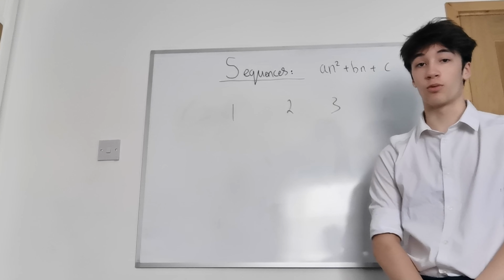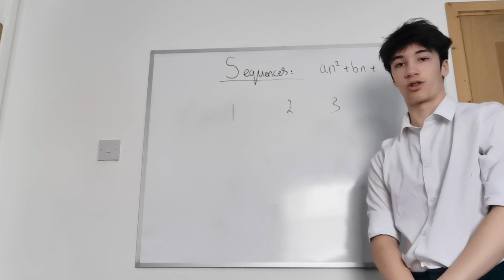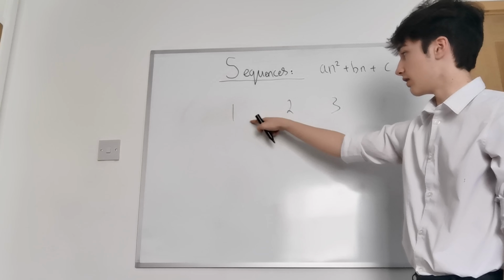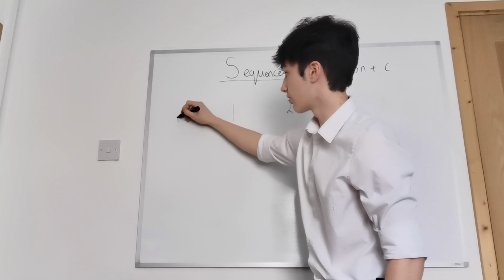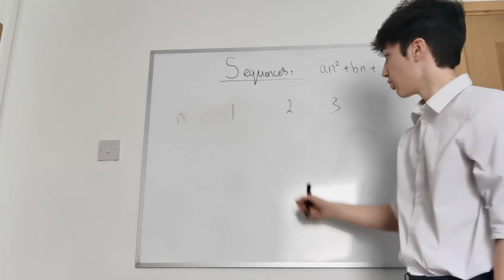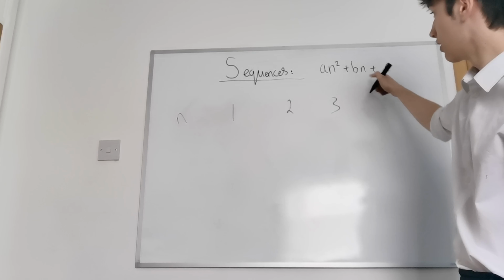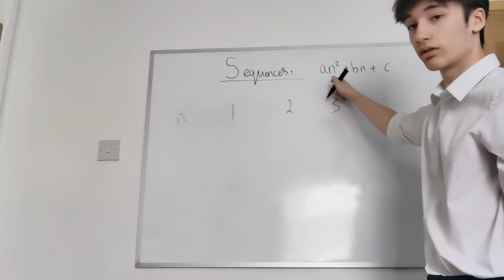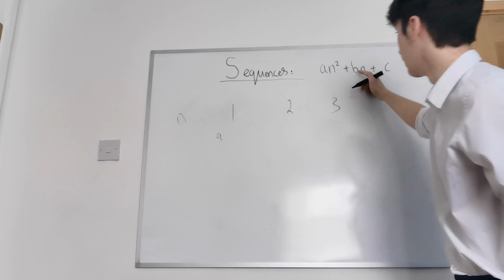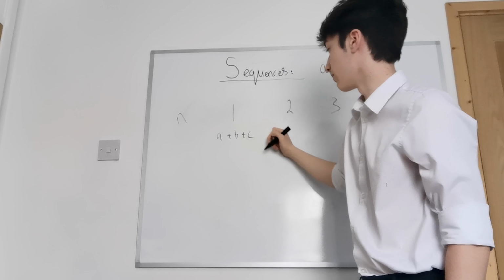Okay, now you may be wondering where I got those equations from, so now I'm going to prove them. We have 1, 2, 3. These are the n values, representing the position of the term in the sequence. We substitute 1 into this equation as n, so we have a plus b plus c as the first term.